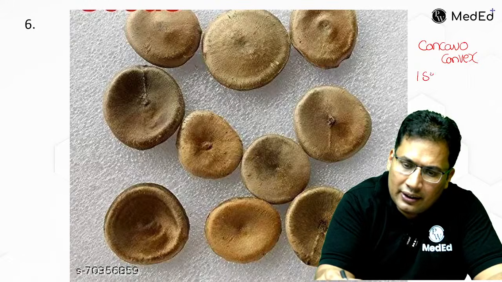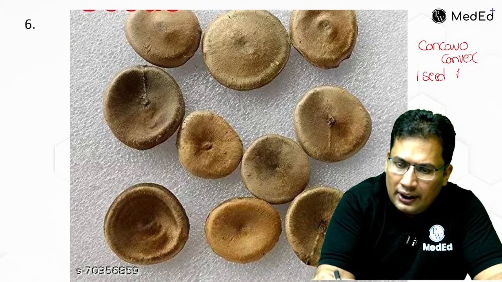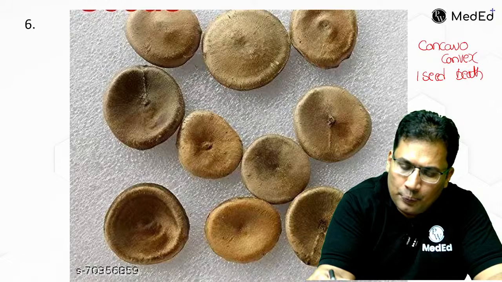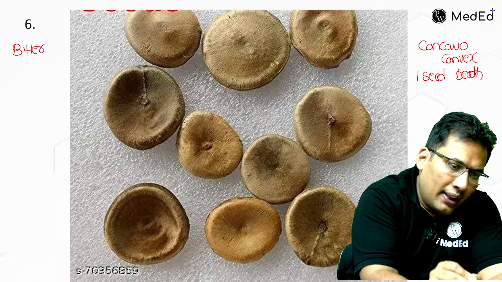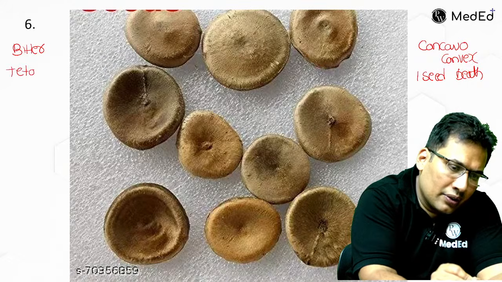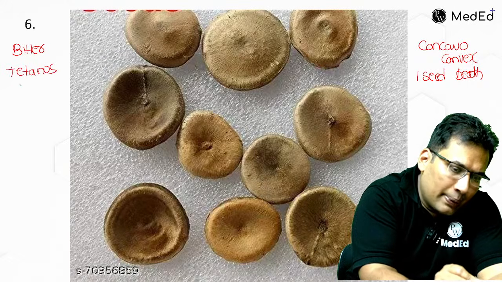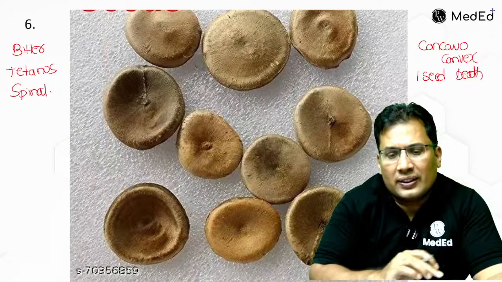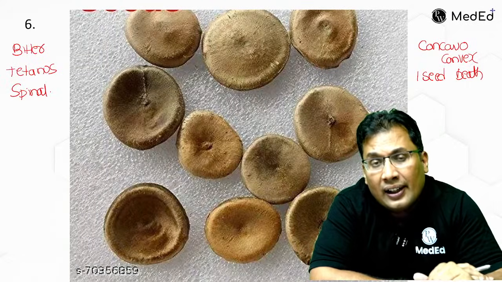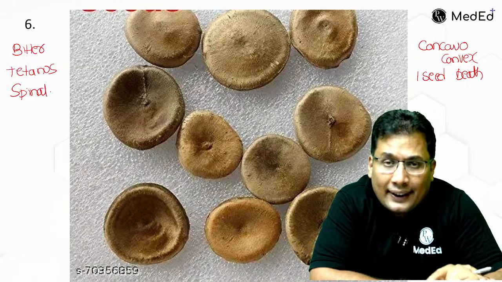One seed can lead to death. It is bitter in taste. It resembles tetanus. It's a spinal poison. It leads to opisthotonus, pleurosthotonus, emprosthotonus, and it leads to respiratory failure and death.